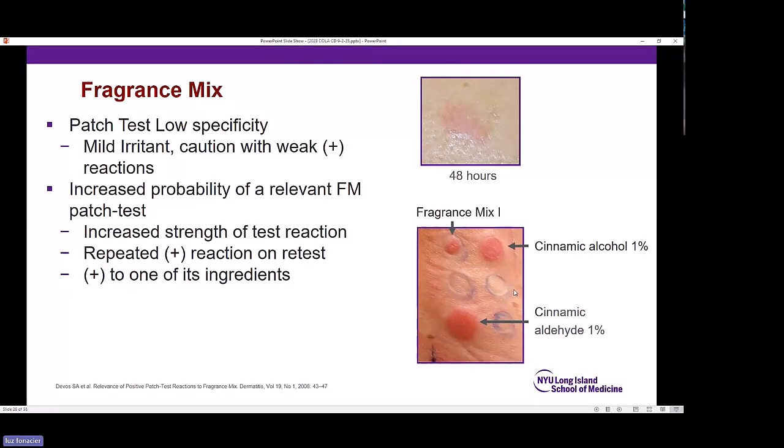So you look at this, at 72 hours became positive to cinnamic alcohol and cinnamic aldehyde, which we know is part of the fragrance mix 1 that we discussed earlier. So now you're not only being positive to the mix, you're also being positive to individual components of the mix.